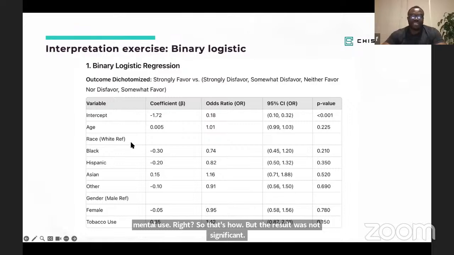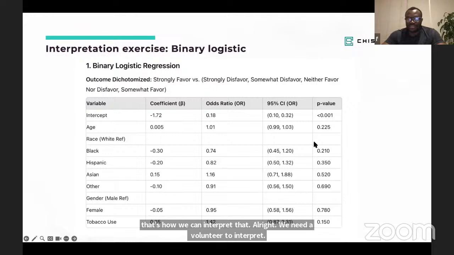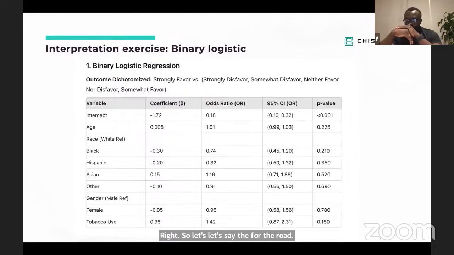All right, we need a volunteer to interpret the value for race, right? So let's say for the row black, how do you want to interpret that result? Please raise your hands.